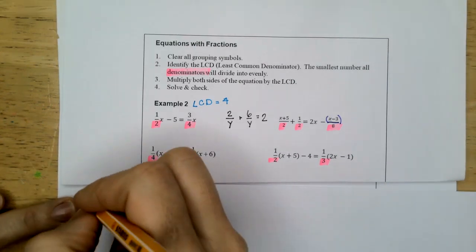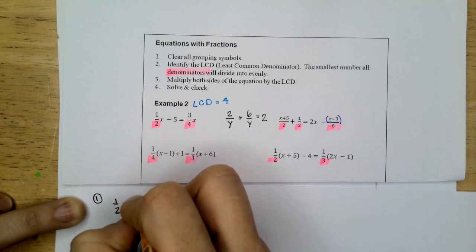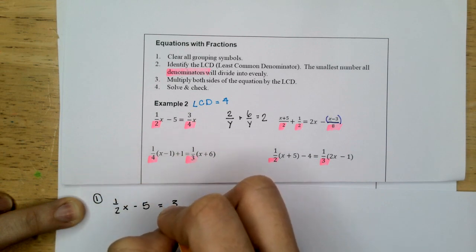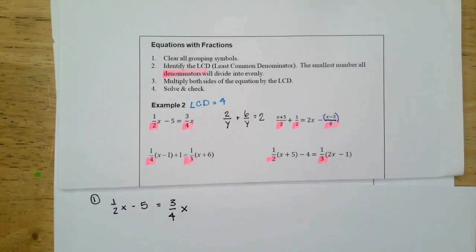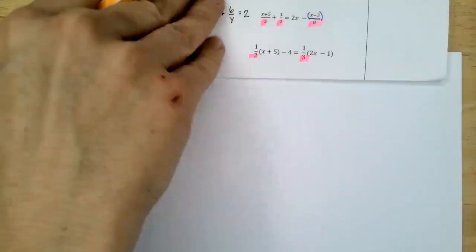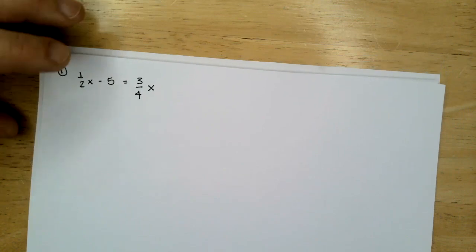For real. All right, the first one is 1/2 x minus 5 equals 3/4 x. Again, our denominators are 2 and 4. Okay, I'm going to move that now because I need more space. My denominators are 2 and 4.